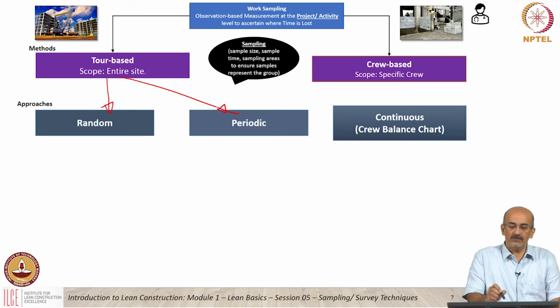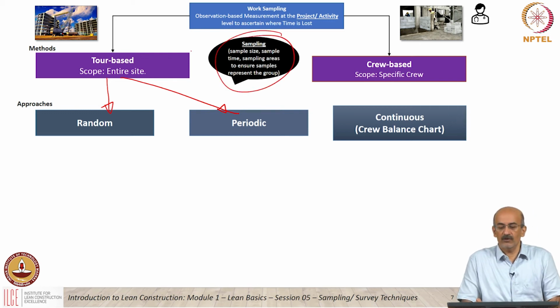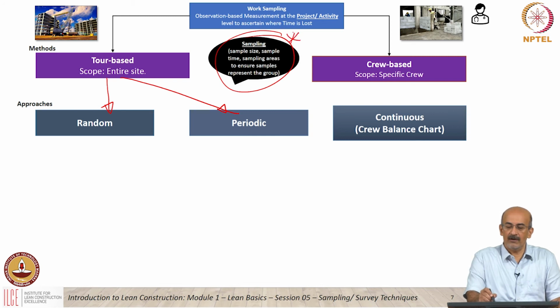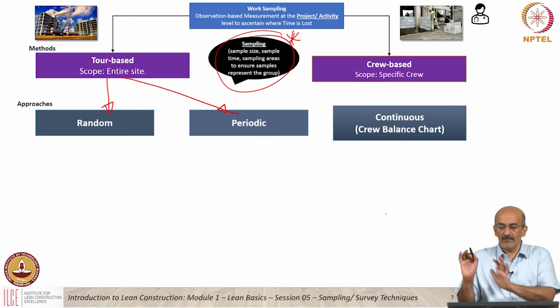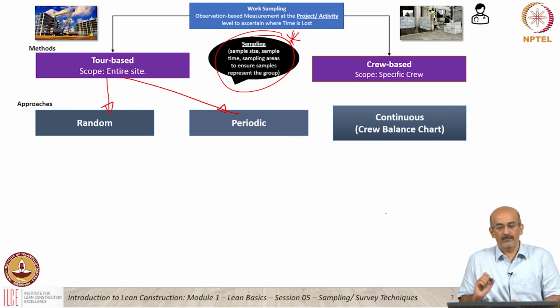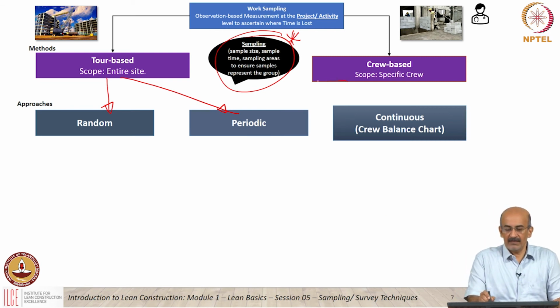Now, when you do this sampling, you have to look at many issues: sample size, sample time. We will address the concept of sampling also as we go through, but this becomes a very important aspect. When you take a crew based approach, remember, I am looking at only a specific crew. Again, the preferred approach is a random sample.